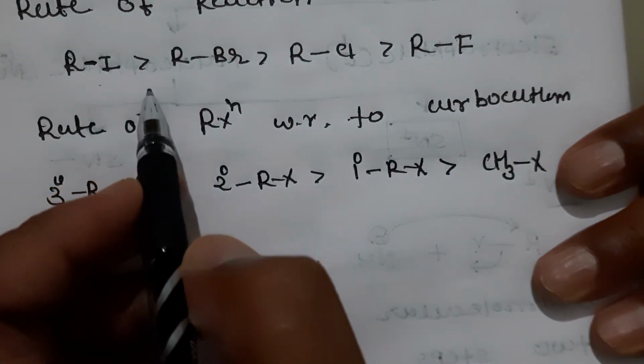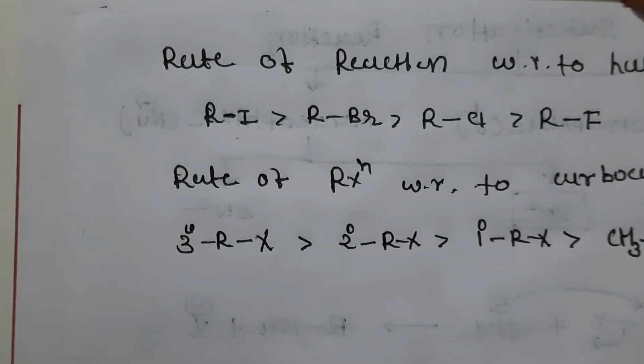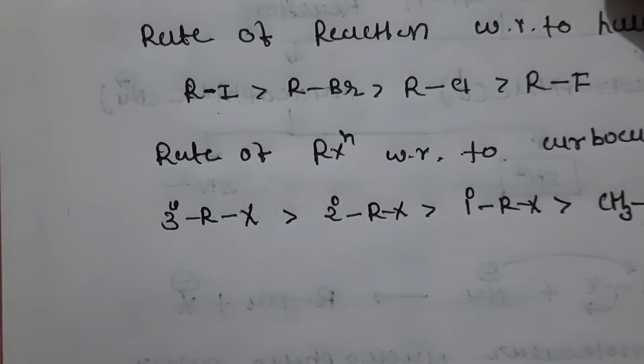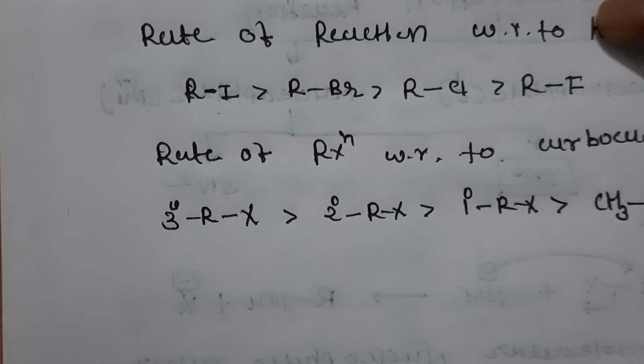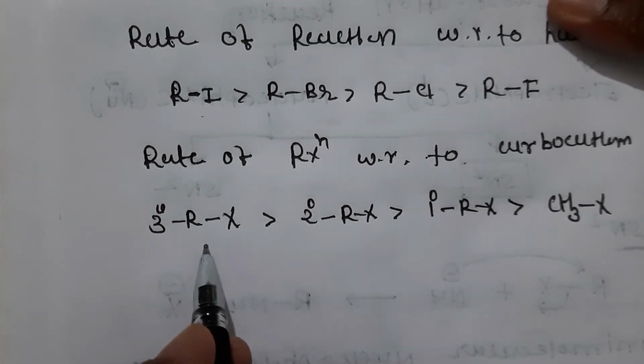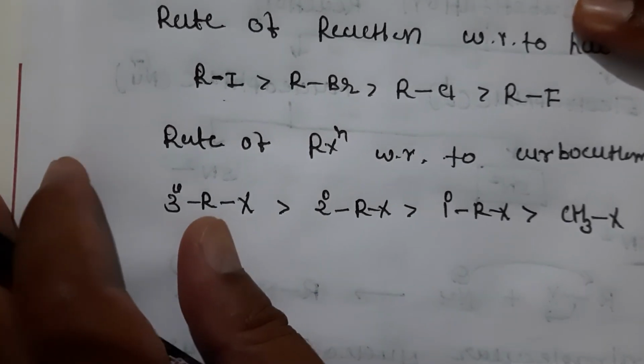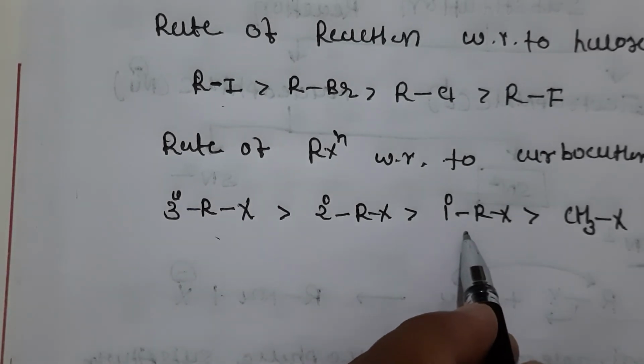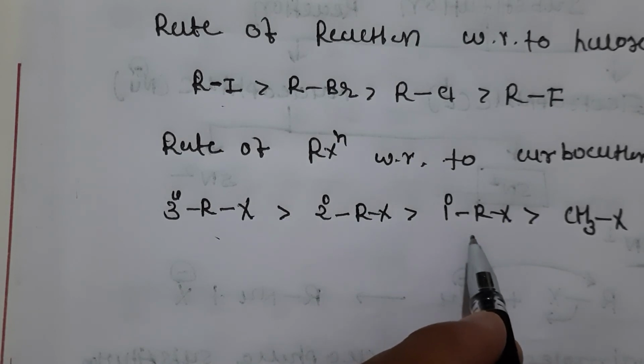Alkyl iodide reacts faster than alkyl bromide, then alkyl chloride, and then alkyl fluoride. With respect to the carbocation or alkyl halide, 3 degree alkyl halide reacts faster than 2 degree, then 1 degree, and lastly methyl halide.